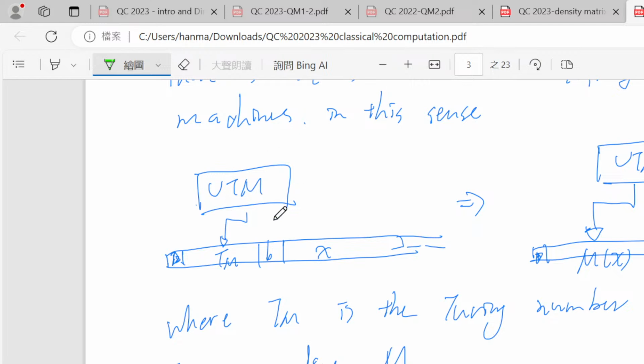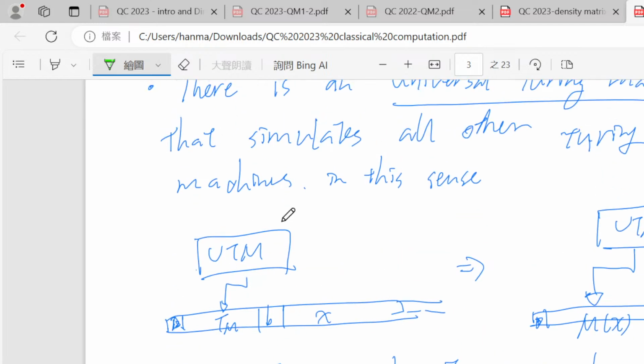I believe this is what Turing did to get the name on those Turing machines. So you can write the Turing number at the start of your tape, and then you write some blank here and enter the input to the problem. And so the universal Turing machine will simulate the Turing machine number Tn.